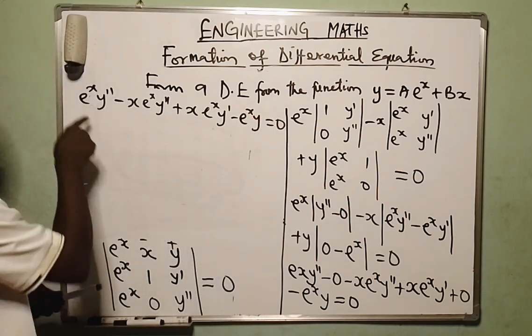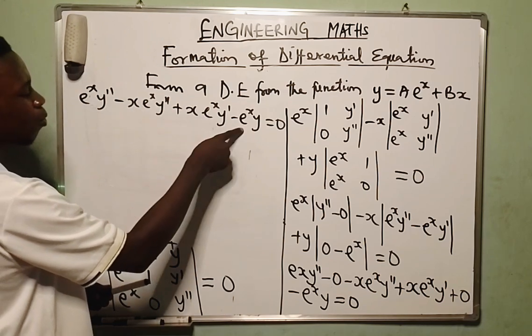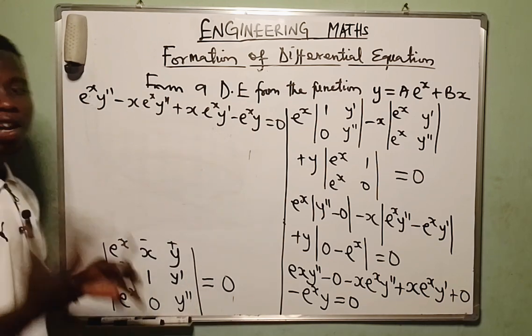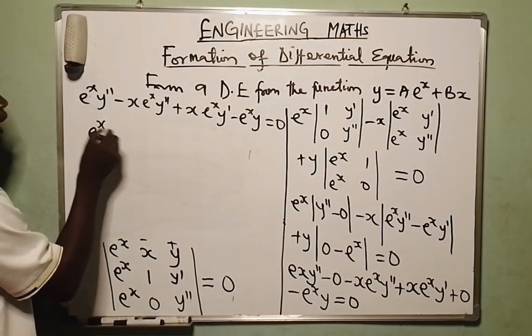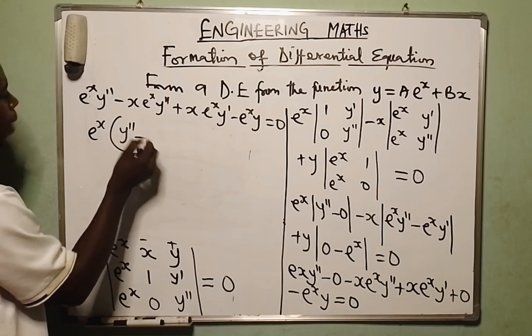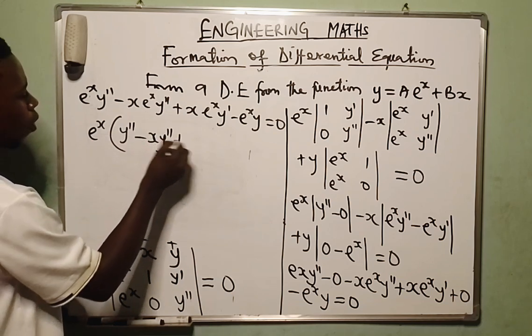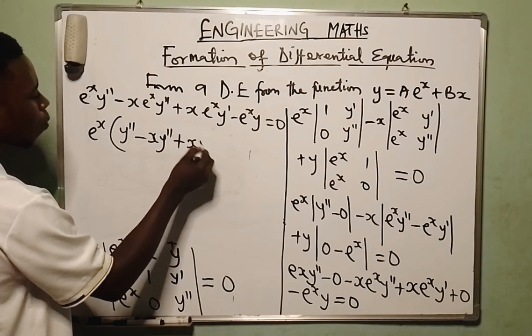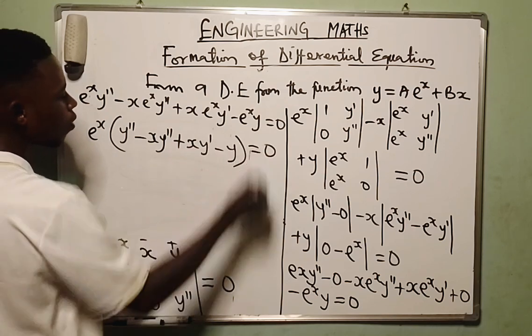Now let us look at this. We have exponential x here, we have exponential x, we have exponential x, we have exponential x. We are going to factor out exponential x. So when you factor out exponential x, you are left here with y prime prime minus x y prime prime plus x y prime minus y equal to 0.